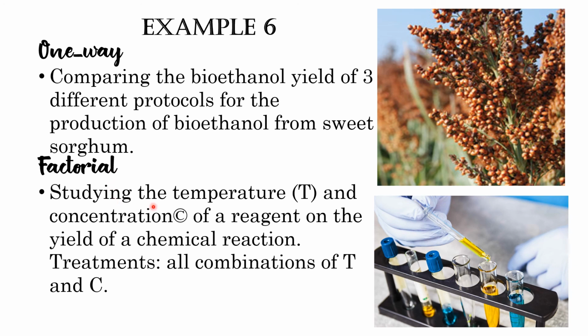For example, studying the temperature, that is another treatment in different temperatures, and the concentration of a reagent on the yield of a chemical reaction. Our treatments here are the combinations of the temperature and the concentration. So that is factorial treatment structure, specifically the 2 factorial treatment structure.